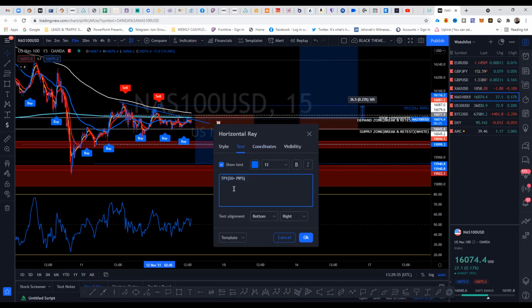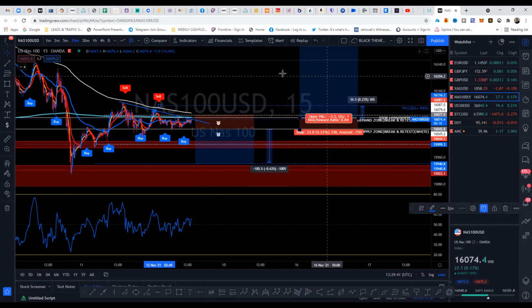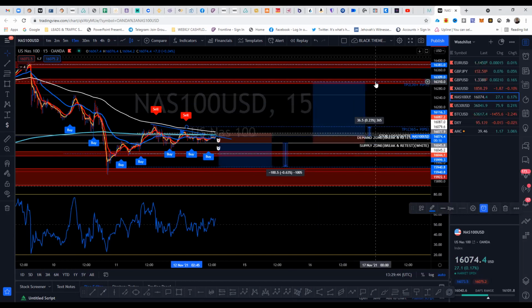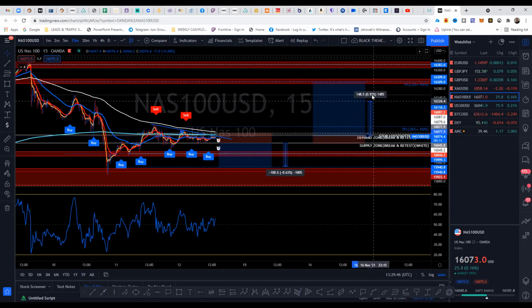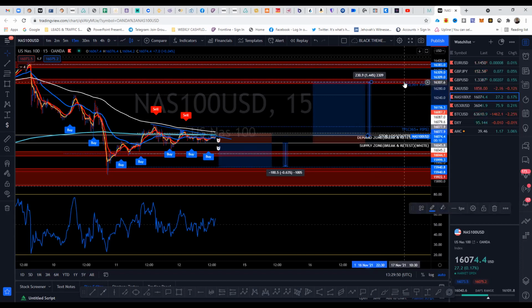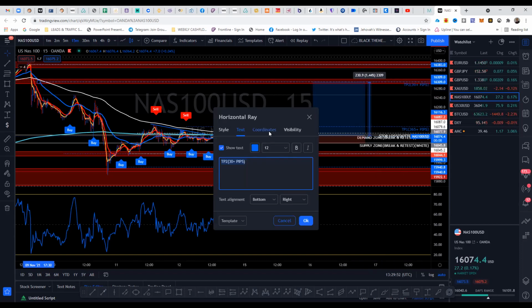I need to put that. It's labeled the right way. How many pips is this one? This is going to be over 2,000 plus pips, or if it hits that, like Chris says.